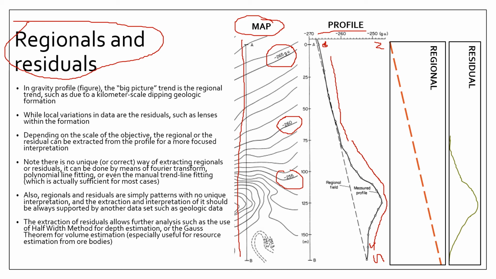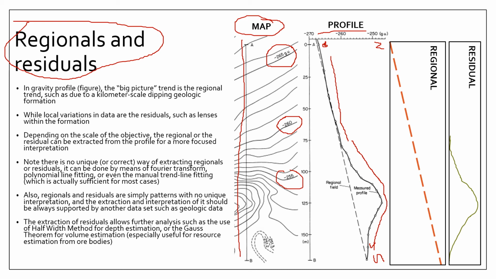Right, so these patterns can have a lot of explanations. This can be due to almost anything. But of course, when you're interpreting a gravity profile or a gravity contour, it has to be grounded on your geologic understanding of the area.